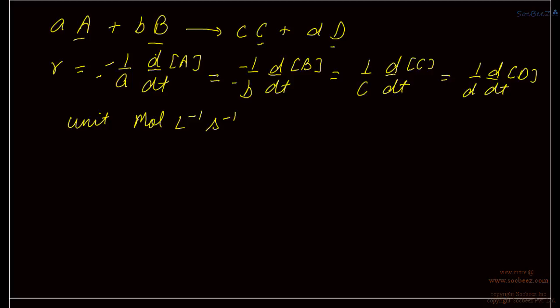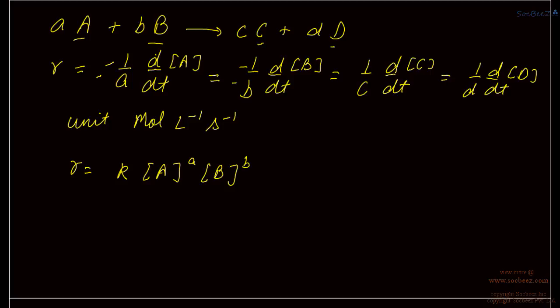Therefore, in this case, rate will be denoted more specifically as K, the concentration of A to the power a, concentration of B to the power b, where K is the proportionality constant known as the rate constant for this particular reaction.